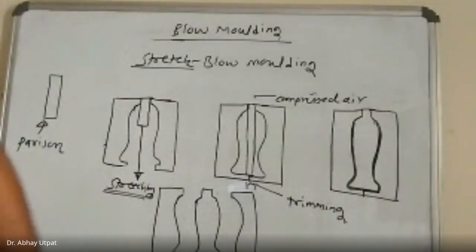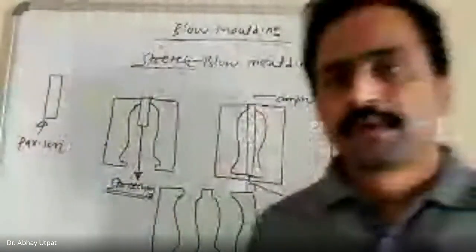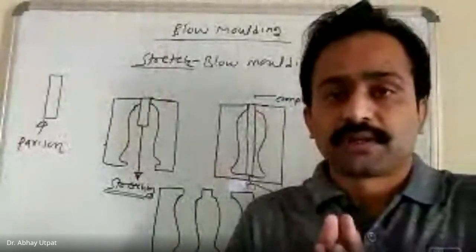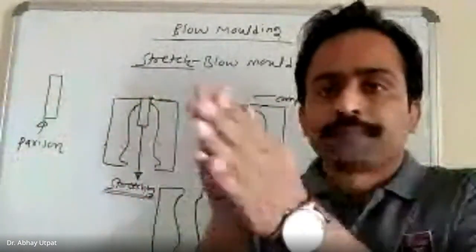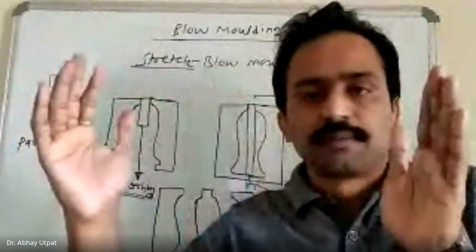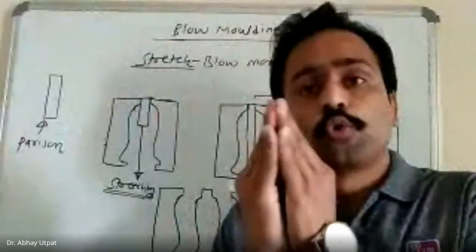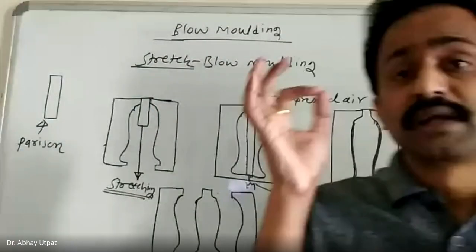Sometimes what happens, only blowing is not sufficient. So blow molding consists of the expansion of product in lateral direction, swelling. So this product gets swelled in lateral direction. But only swelling in lateral direction may sometimes feel difficult for us.